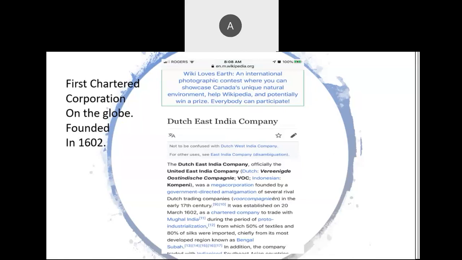The way they did this was the Dutch government at the time took a number of merchants who were competitors, constantly competing against each other, and said to them, okay, we want you to work as a group. We want each of you to put money into this corporation.